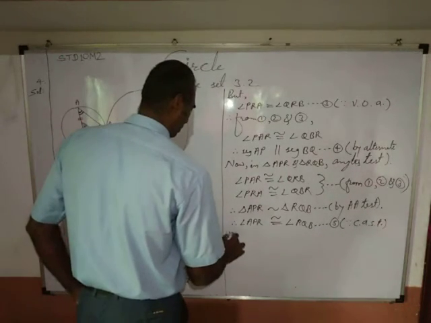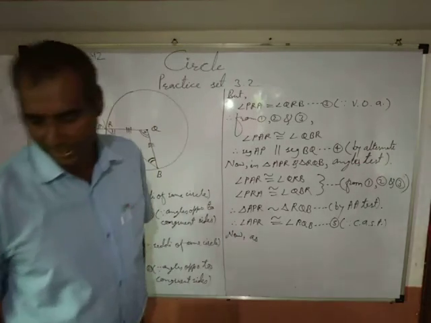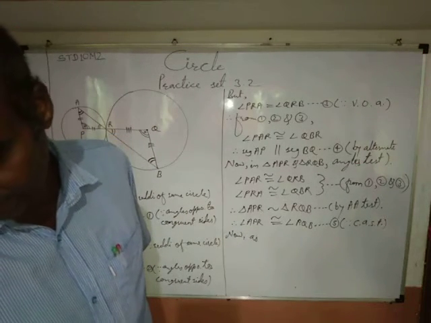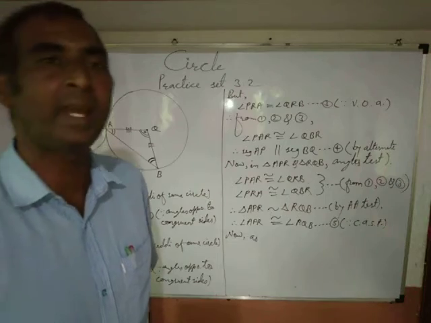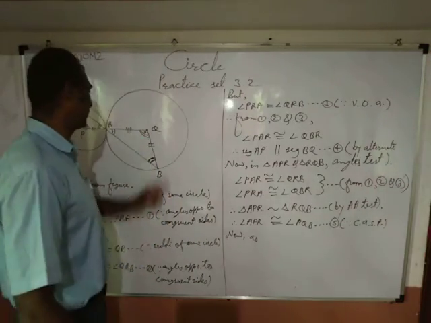Now, as provided here, if angle PAR equals 35 degree, then find angle RQB.